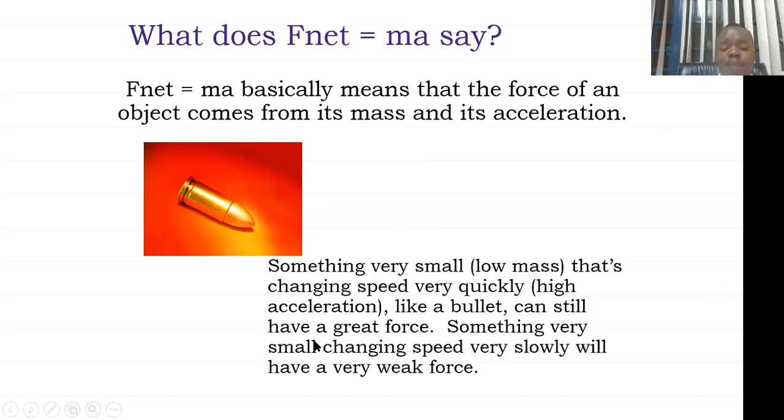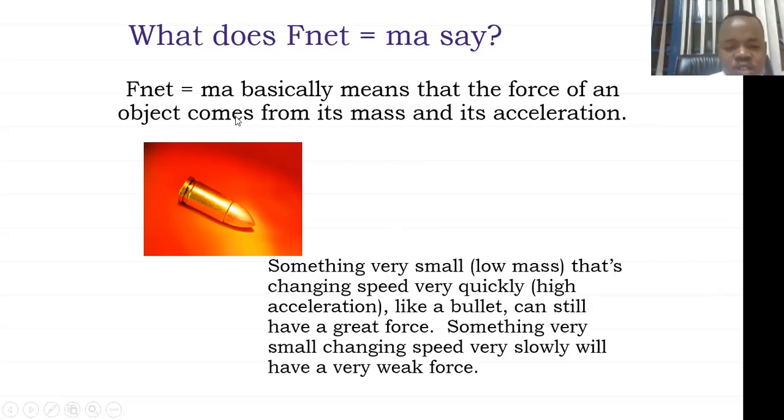For example, if you look at a bullet, we know a bullet is quite deadly. Now, someone would basically ask themselves, why such an object that is so small can be so fatal? If the mass of the bullet, for example, is 0.2 kilograms, and its acceleration, we definitely know that it's going to be high.